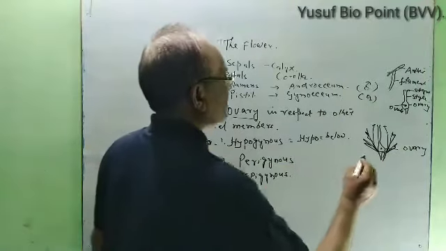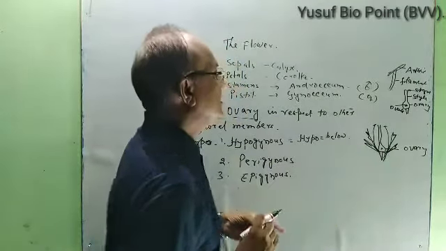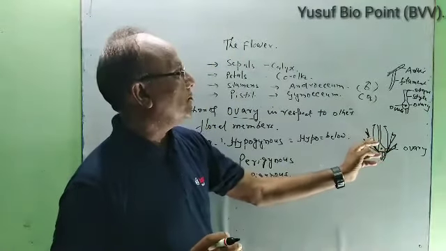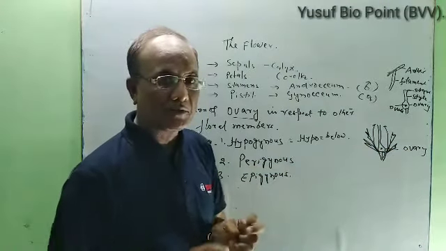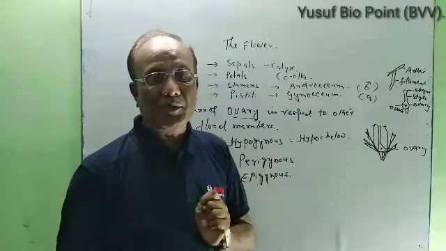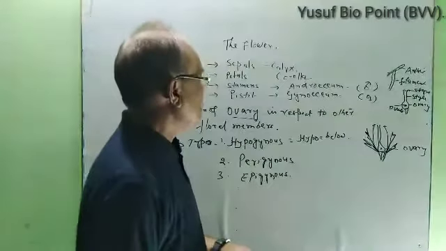Means the position of ovary is on the top and all other parts are below. यानी इसमें अंडाशय का स्थान सबसे ऊपर होता है और बाकी सभी सदस्यों का स्थान उसके नीचे होता है. That is hypogynous, means all the members are found below the gynoecium, that is below the ovary.